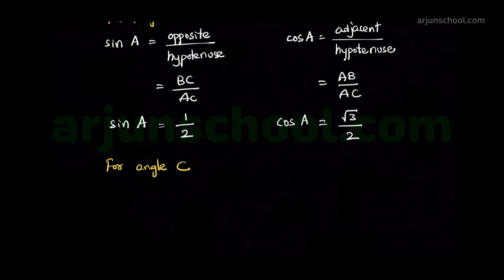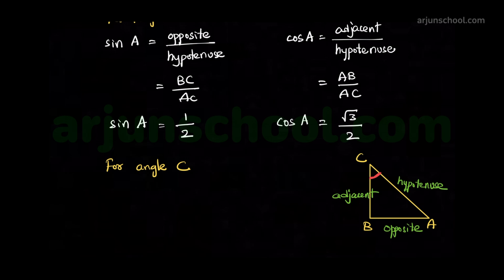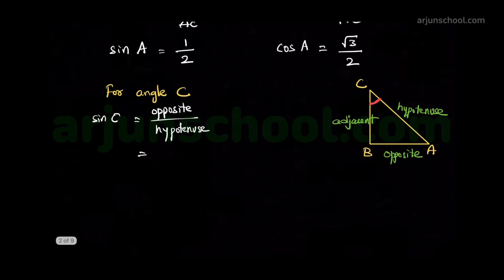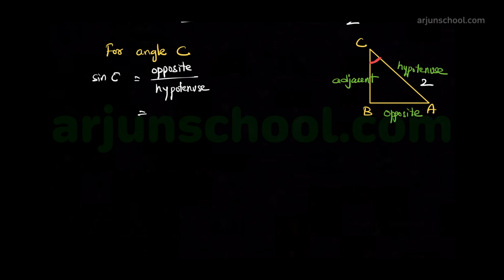For angle C, opposite side is AB and adjacent side is BC. Therefore, sin C is equal to opposite side by hypotenuse. Opposite side is AB, hypotenuse is AC.